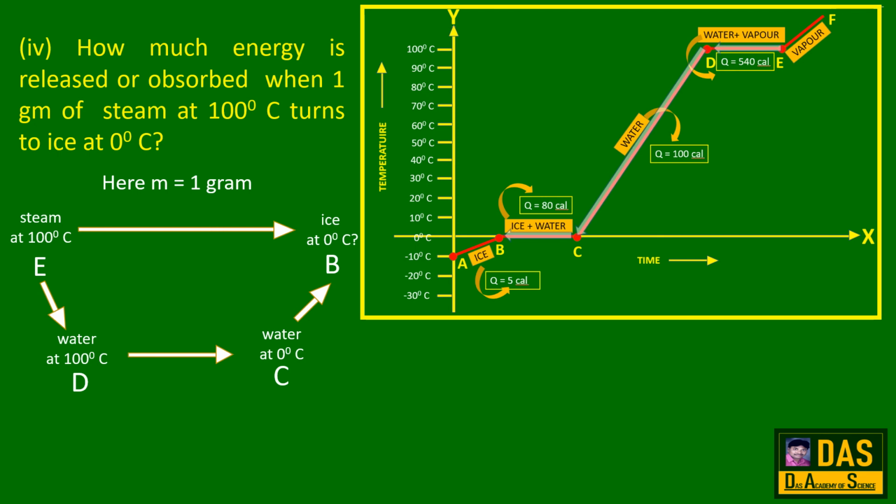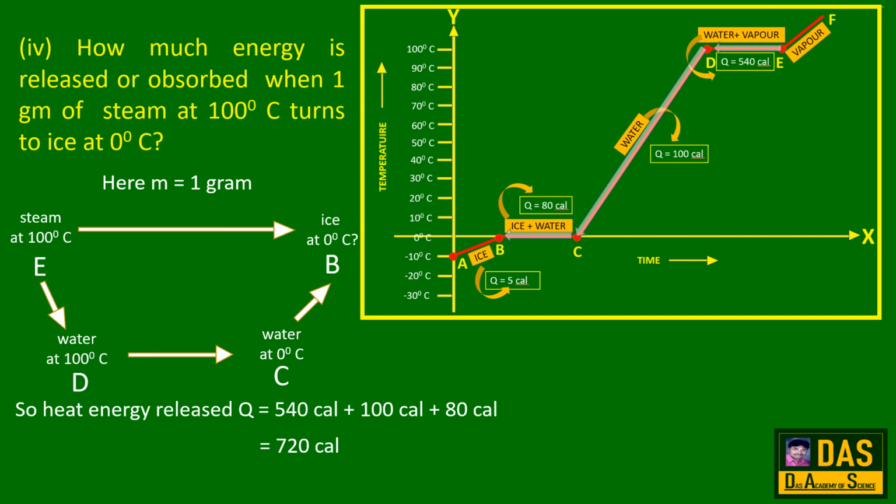So by all these conversions already we discussed in previous slide, that is between E and D heat energy released is 540 calories, and between D and C heat energy released is 100 calories, and between C to B heat energy released is 80 calories. So total heat energy released is 540 calories plus 100 calories plus 80 calories, that is 720 calories.